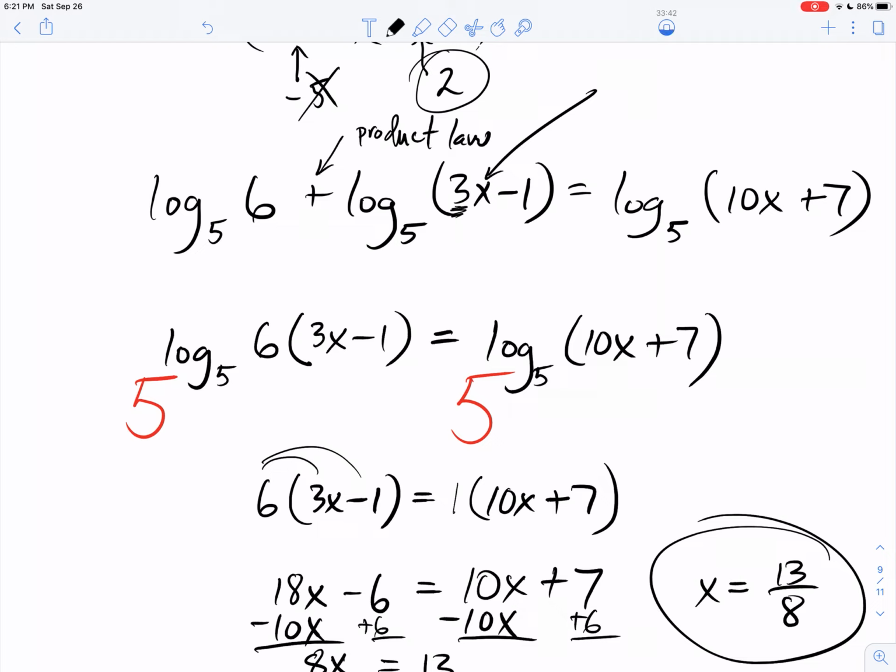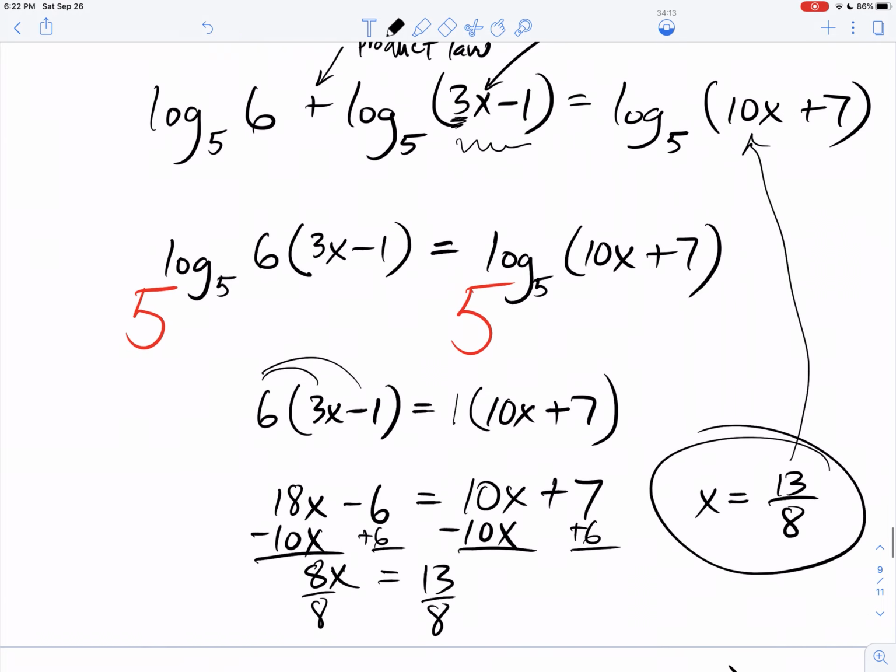So 3 times 13/8 minus 1, this whole side's still going to be positive. We're okay. And this is positive. 10 times that plus 7 is all positive. So the thing is, this answer may not be the prettiest number I've ever seen in my life. But it is a legit answer, because when I plug it back into the original, it does not cause a 0 or a negative value.